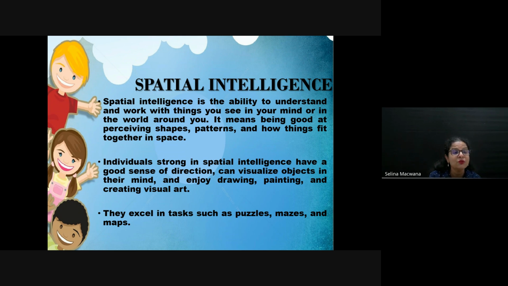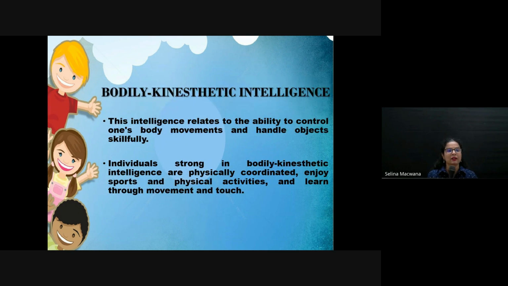Okay. The next one is bodily kinesthetic intelligence. This intelligence relates to the ability to control one's body movements and handle objects skillfully. Okay, so like I was telling you, my sister is very good with her hands in doing all of these different science tests in the lab.